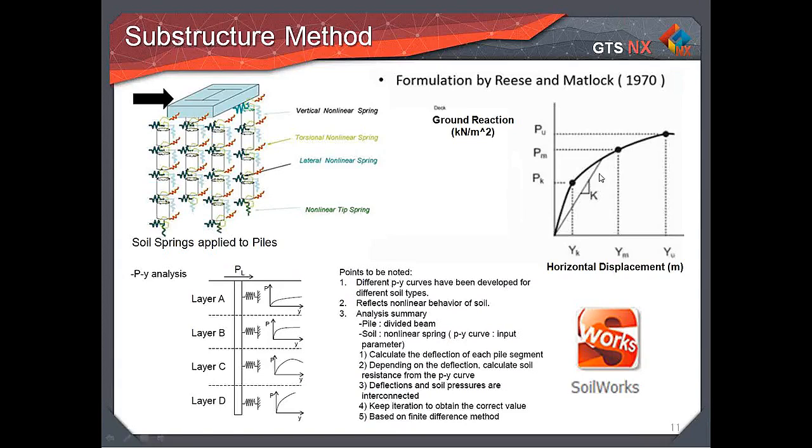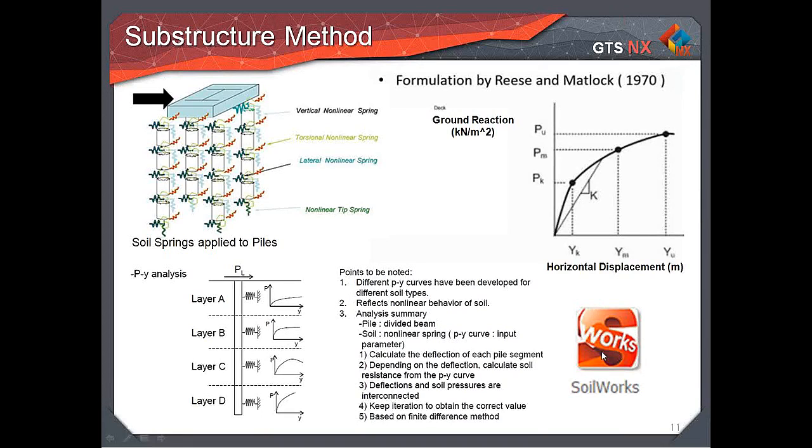What is obtained from what is known as a PY curve, which compares the ground reaction to the horizontal displacement, you get the slope of that, and that's basically your K, your spring stiffness. And we can imagine that if we have a pile that goes through several layers, we will be using different PY curves for each soil composition that will then be applied to the spring itself.